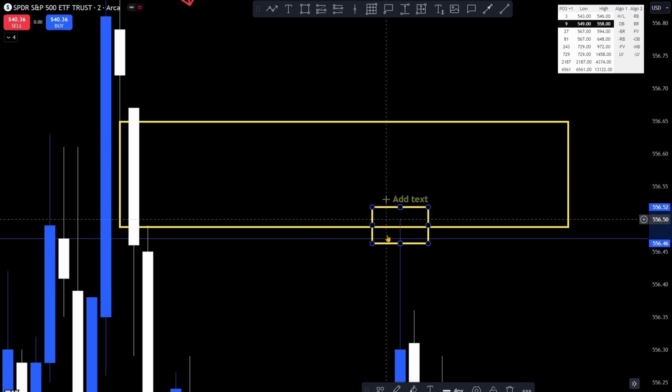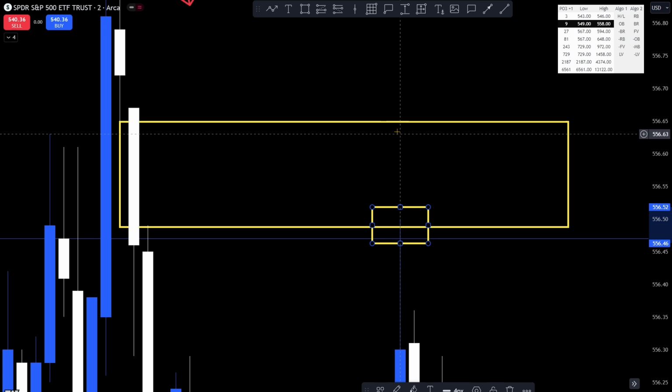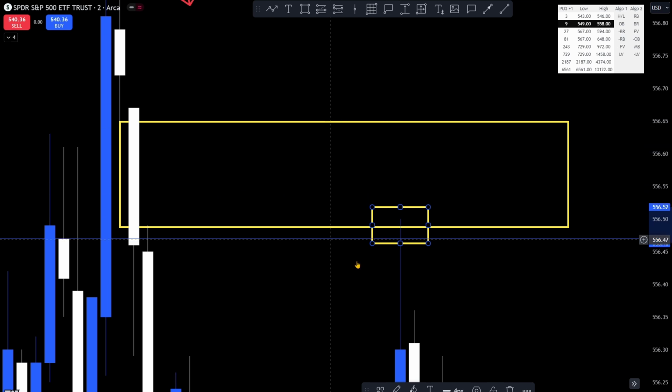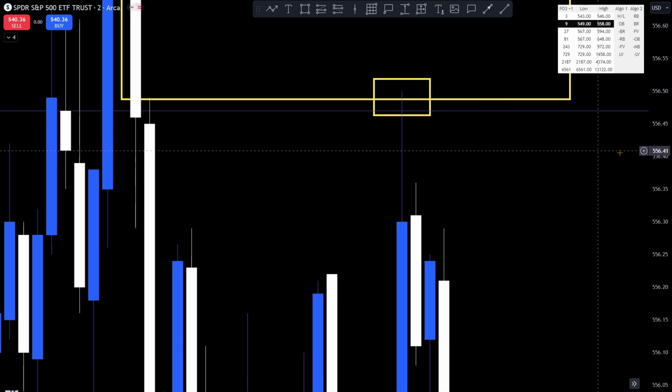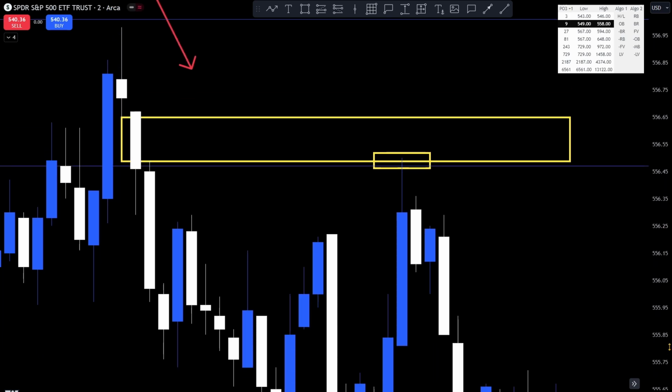IOFED is institutional order flow entry drill. It's not going to refill this entire imbalance. It only needs to basically tap it like Instagram real quick and then literally like it and be done.